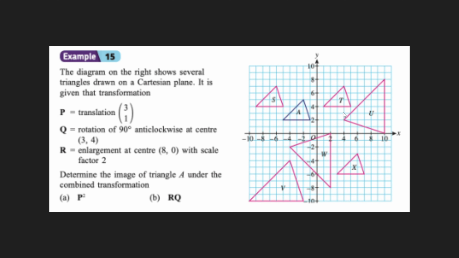So you can check the 90 degrees. When you rotate anti-clockwise, the image will be shown as 1, 2, 3, 4, 5, 1.